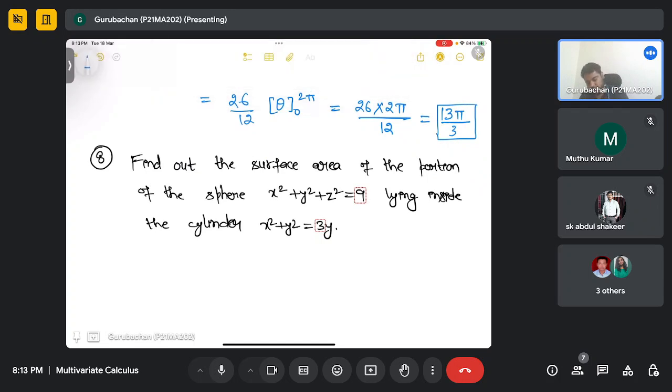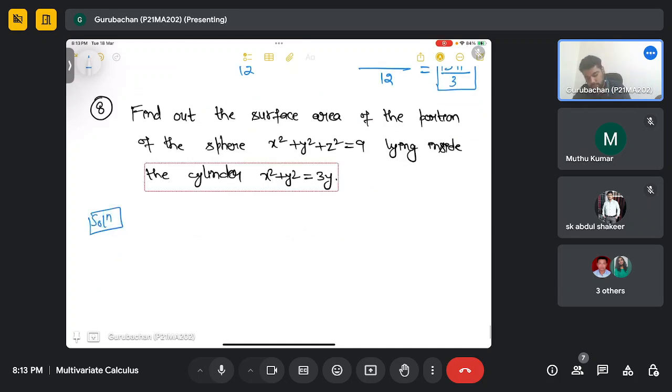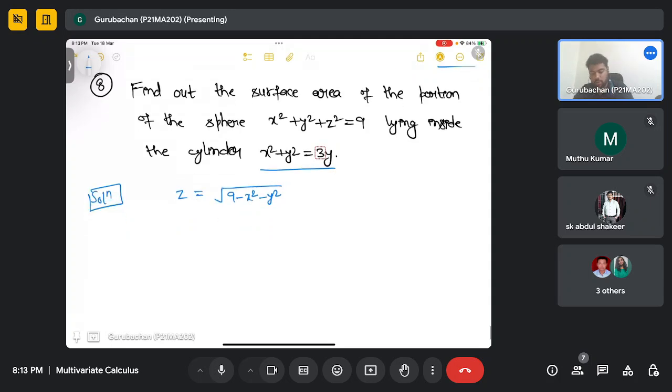Why I have mentioned again a different question related to this surface area kind of thing, the reason you will understand soon. So here our z is under root 9 minus x square minus y square. Since it's over a circle on the xy plane, I'm assuming we want to calculate the surface area above this.